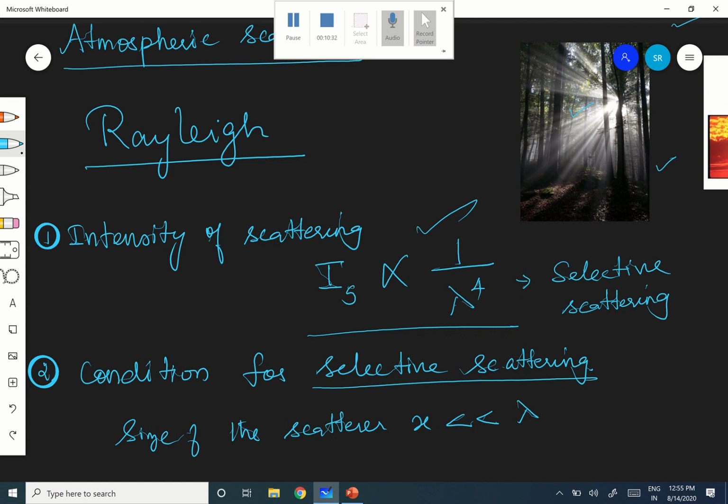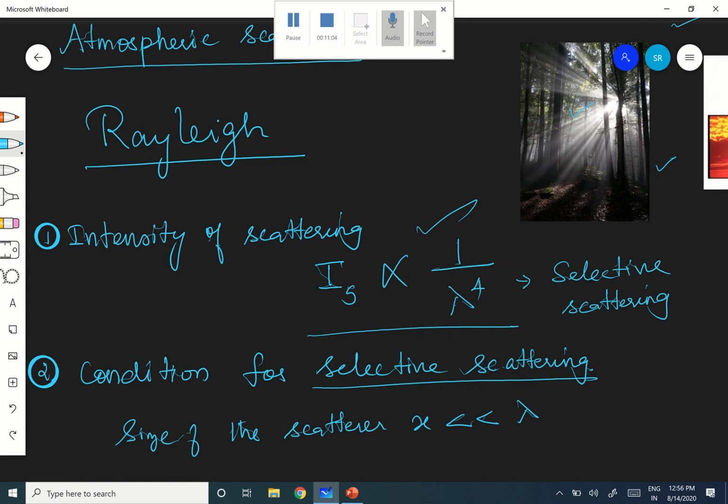But the lower part of the atmosphere is filled with dust particles, water droplets, carbon components and ice particles, and their size is very big. So they won't go for selective scattering. What does that mean? All the colors will be uniformly scattered.